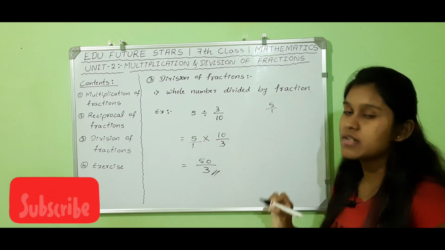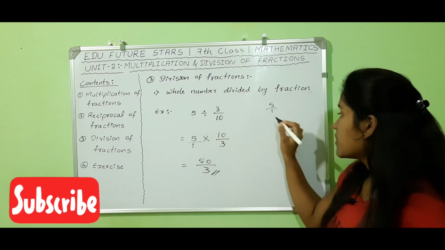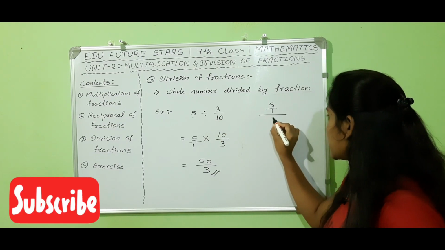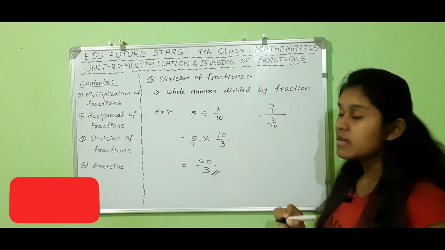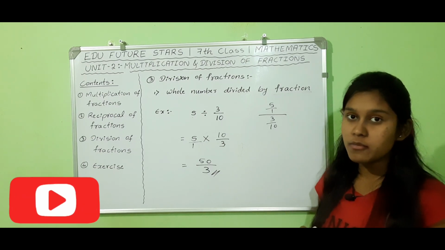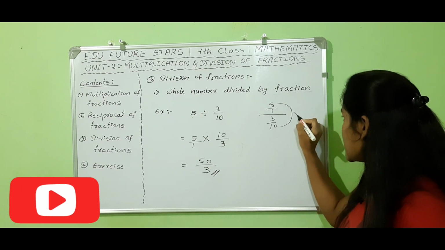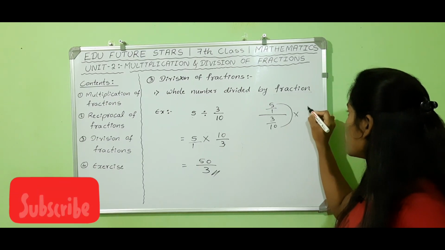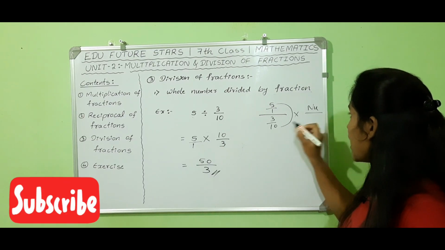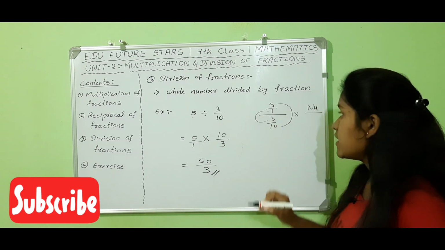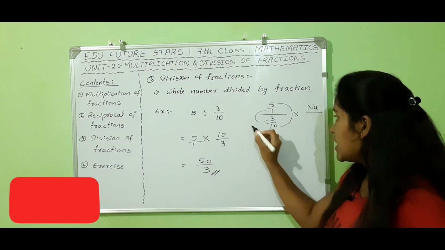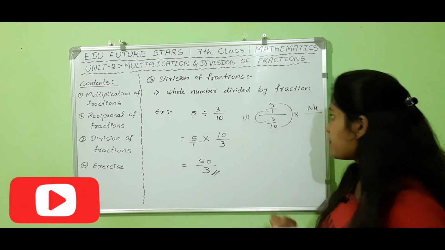This is the first number, correct? First number is divided by what? 3 by 10. Right. So this is the format. So how can we do this one? We have to multiply these two, keep it in the numerator. Right. And also we have to multiply these two, 1 and 3, keep it in the denominator.